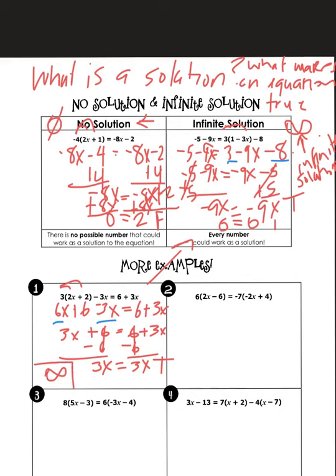Number 2, distribute: 12x minus 36 equals 14x minus 28. Subtract 12x from both sides.